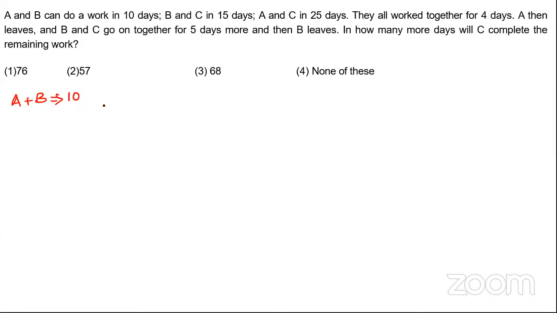I am not using an equal sign. You have to identify the signs that I use. I am not using an equal sign. B and C can do a work in 15 days. A and C can do a work in 25 days.